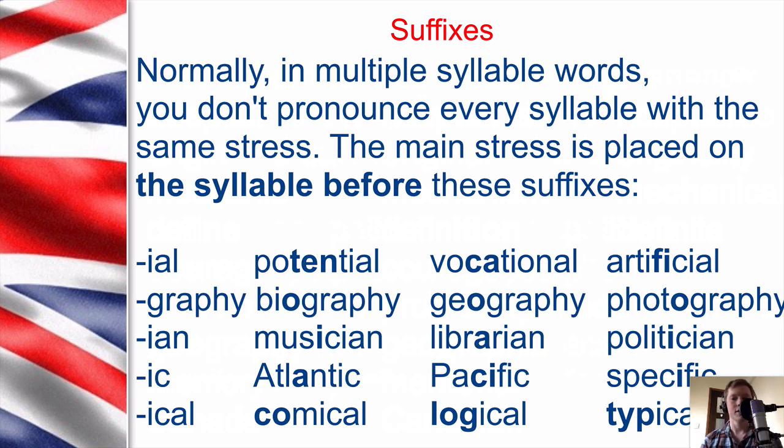So in these suffixes here, the main stress in the word is placed on the syllable before the suffix. So for example, potential is po-TEN-tial. It's not POtential or poTENtial. It would be potential. Okay, so let's practice some words that have the stress on the syllable before the suffix.